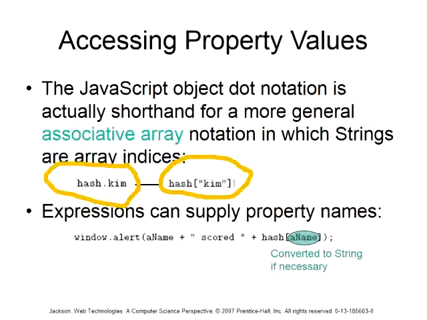So hash is like an array. The JavaScript object dot notation is actually shorthand for a more general associative array notation in which strings are array indices.